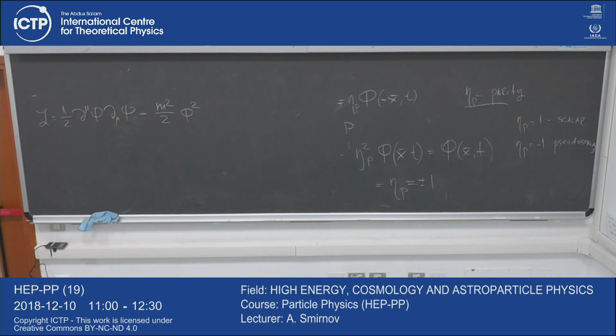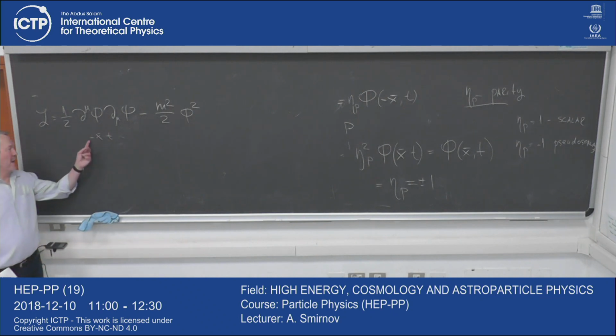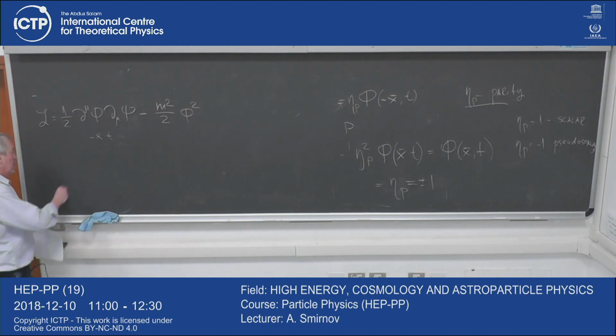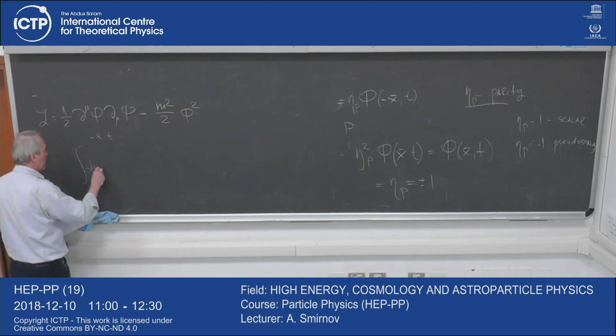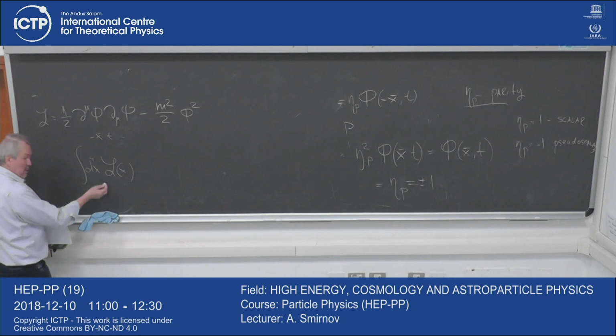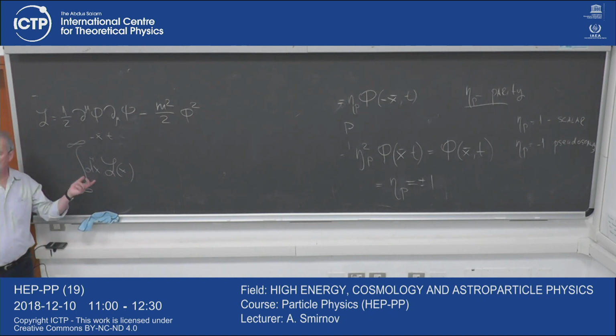The one subtle thing is that when you do just one P transformation, you get minus x and t here. But the appearance of a minus sign in the arguments of this φ doesn't play a physical role, because eventually you are doing integration of your Lagrangian over the whole space. If you change coordinates in symmetric ways, say from minus infinity to plus infinity, you can just change the integration and absorb this minus sign.